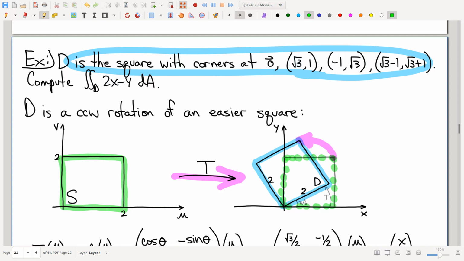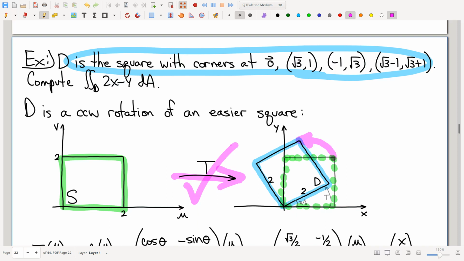So we're looking at something that is a rotation of something else. Let me say that differently. We have now conceived of this undesirable domain as being an image. It is the result of applying a change of variables function to a different domain that I like better.